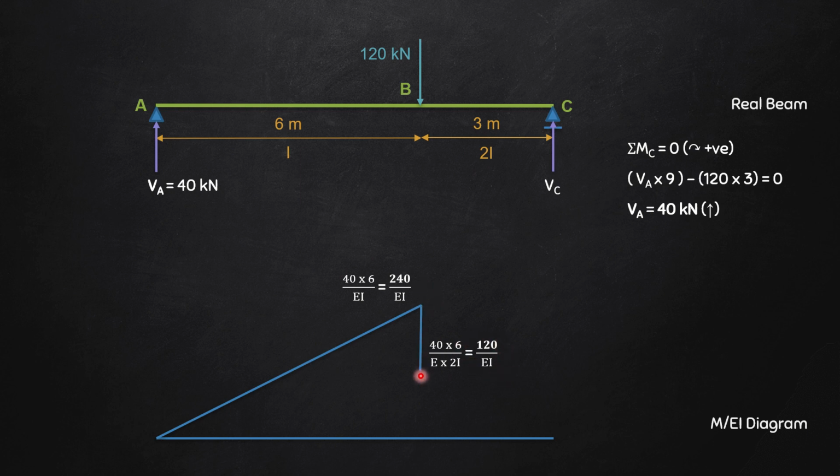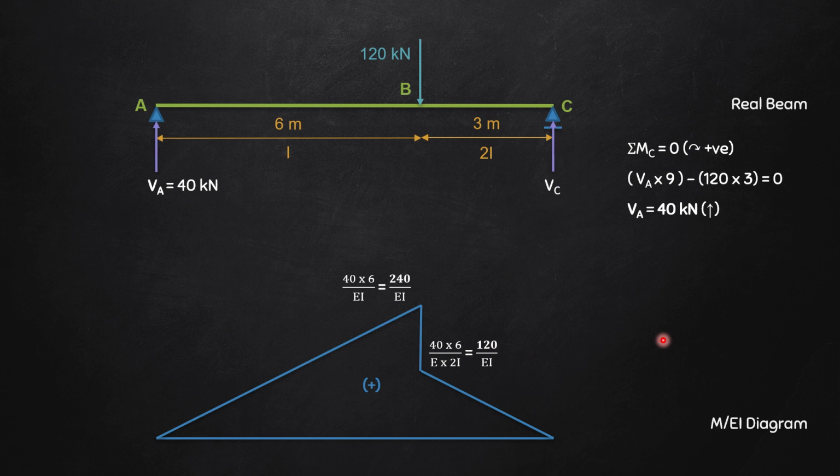So I have a steep drop here. And again, as I told you in the beginning, at C it is 0. So I can just connect this by a straight line, and since everything is left of section clockwise, it is going to be positive in nature. So the M by EI diagram is positive in nature, having a peak of 240 divided by EI coming down to 120 divided by EI.